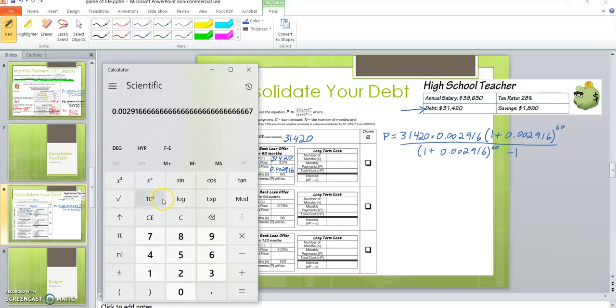So I'm going to first start off with 1 plus 0.002916, and I'll hit equals, and then I will hit this little XY button for 60.